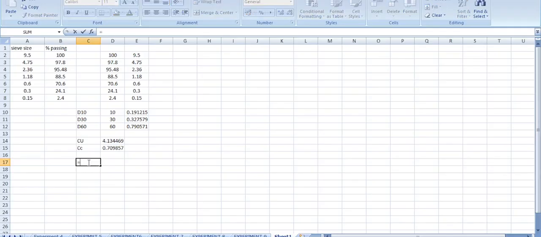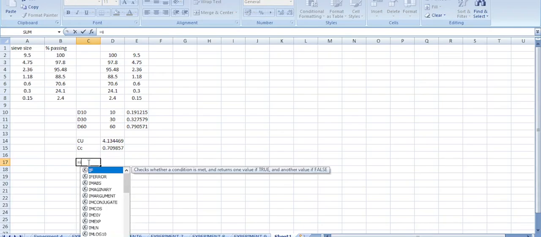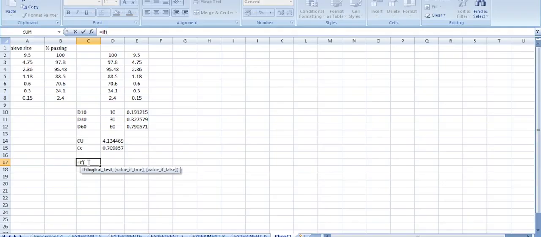An example is this. So put equals to if, input, if this value here, CU, is greater than a particular value.